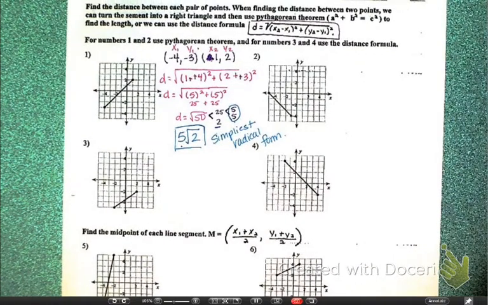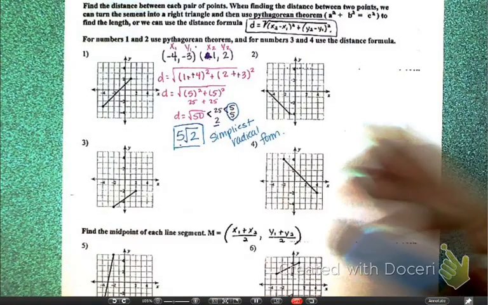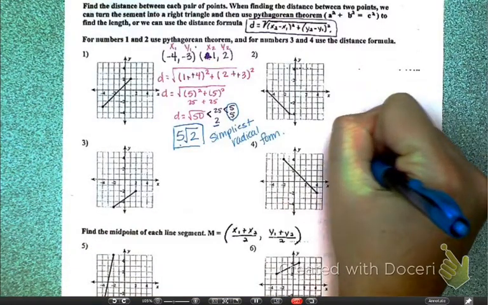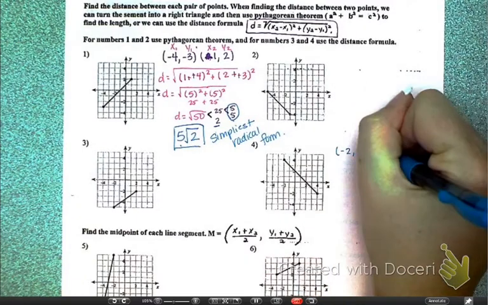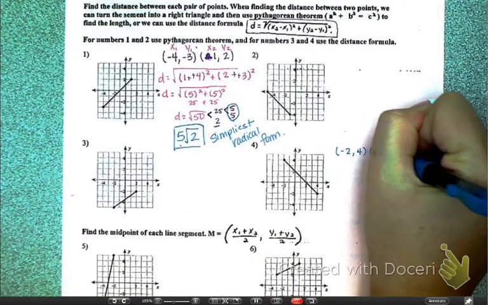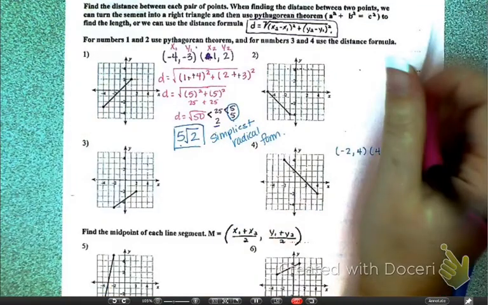Okay. What is the coordinate for this top point? -2, 4. Everyone okay with that? What about the bottom point? 4, -2. So again, label.